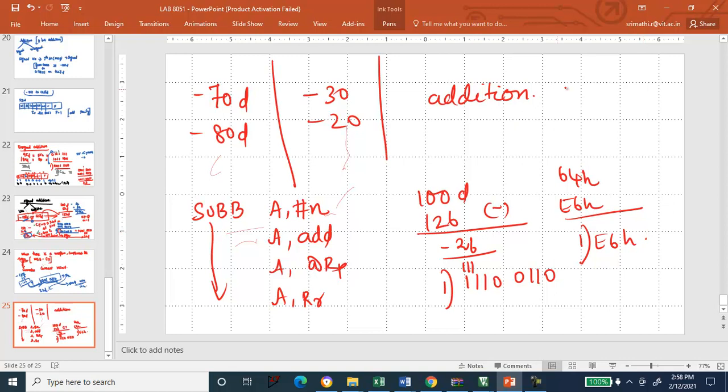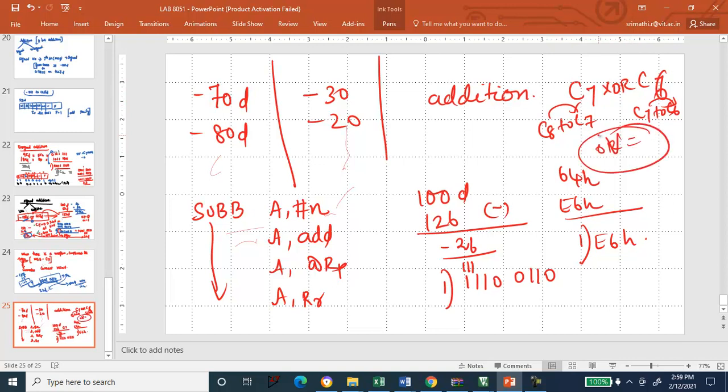Again there is an XOR, but instead of carry out there will be carry in. When there is a carry in, perform the XOR operation and change your overflow flag accordingly.